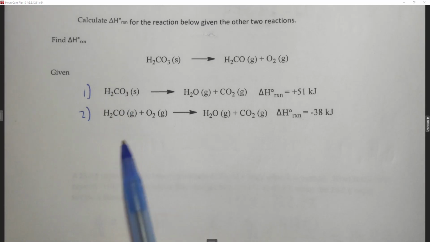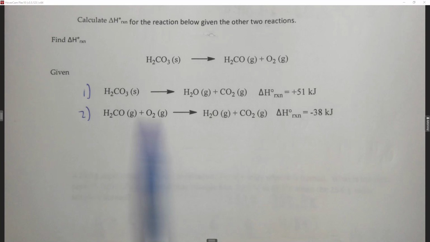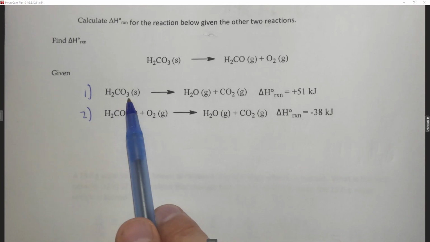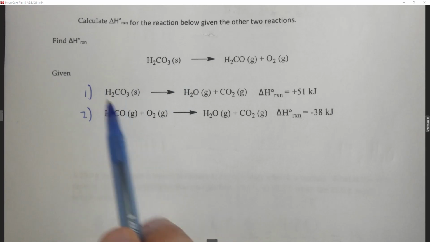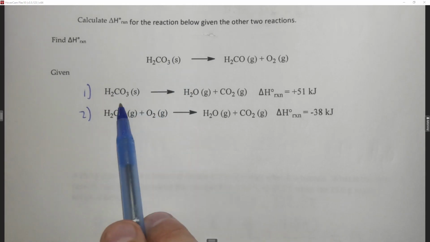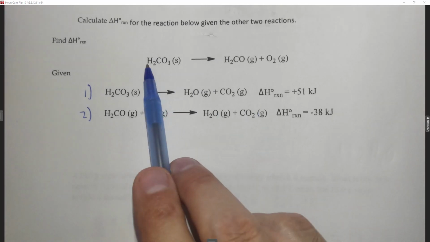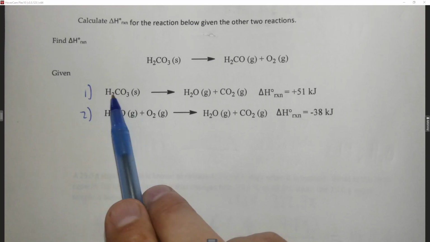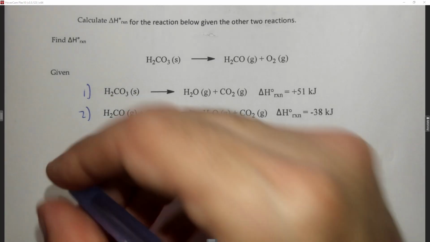I do not see carbonic acid in the other one. There's no H2CO3. So I know that in my overall reaction, the carbonic acid is going to come from this reaction. The second thing to look at is the stoichiometric coefficient. There's one carbonic acid here and one here, so I don't need to do anything.